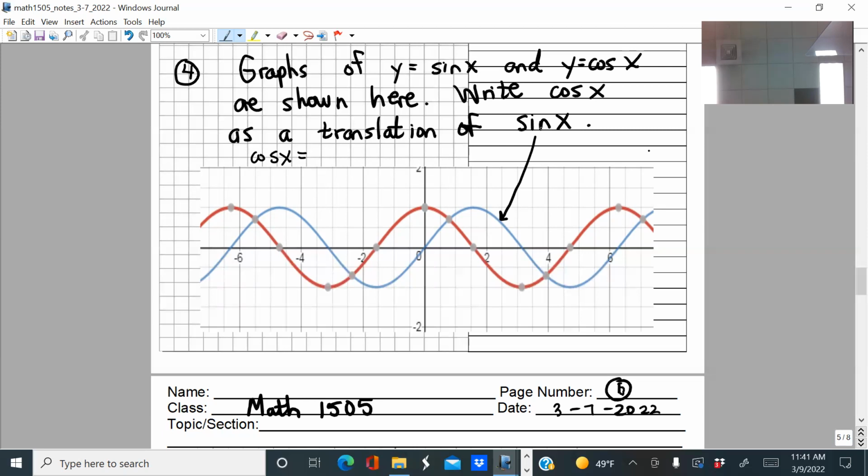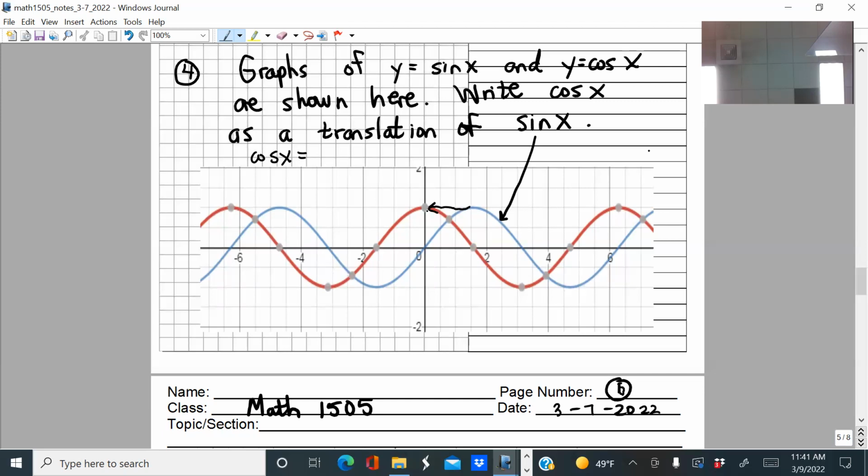So what would that transformation look like? Pretty clearly here, we're shifting in which direction? This is the blue curve. There's more than one way to think of it, so I should be more explicit. Let's think of taking the blue curve and moving this point back to this one.